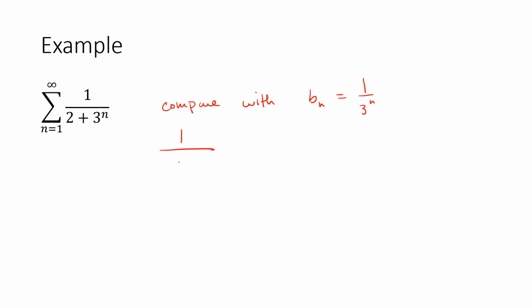Let's just check to see how these two series compare. So the terms of this series compared with the terms of this series, we notice that because this one has a larger denominator, you got 2 added to 3 to the n here, the value here is larger, meaning the overall quotient is smaller. And since we know that 1 over 3 to the n is a convergent geometric series, then this one must also converge since it has smaller terms.